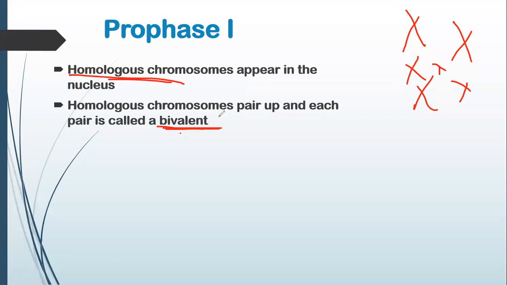So in case you observe a cell under a microscope and you see those chromosome pairs, you see bivalents. Sometimes the bivalents might be crossed, like this. We are going to see what it is and the significance of this. Then you know that that cell is under prophase 1.